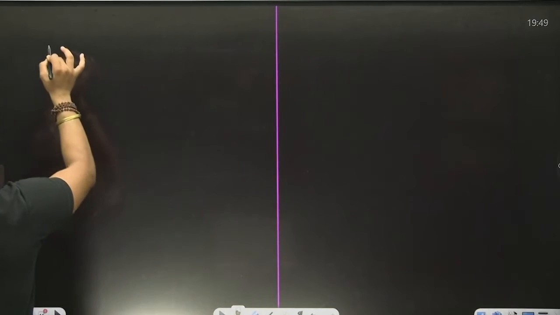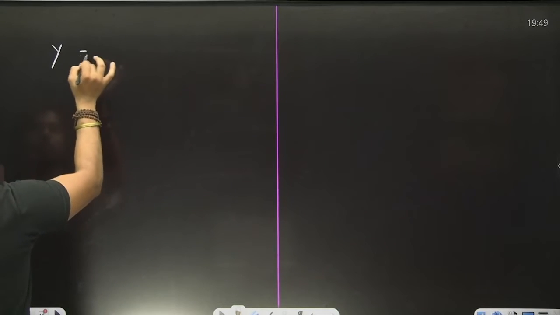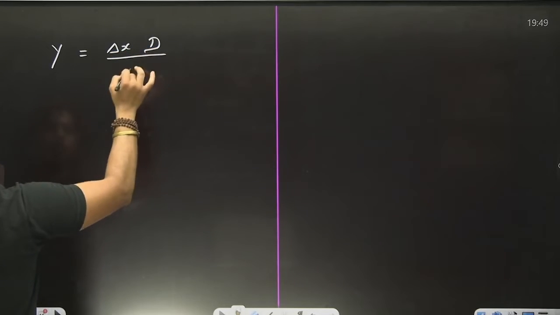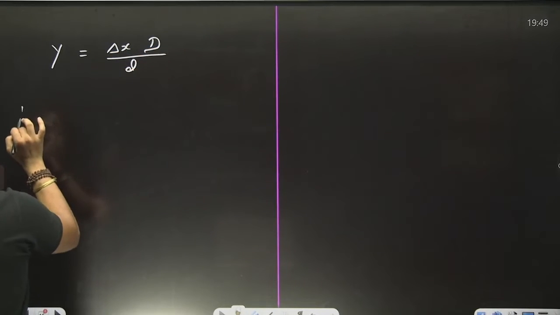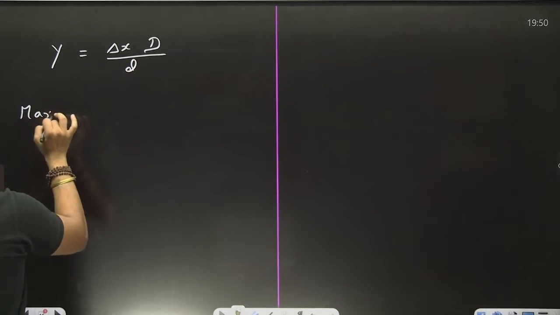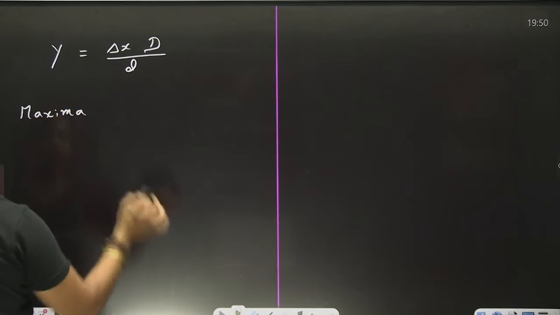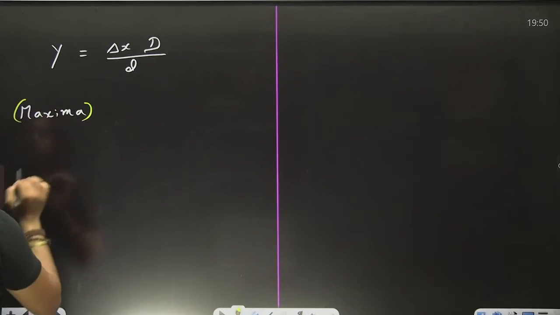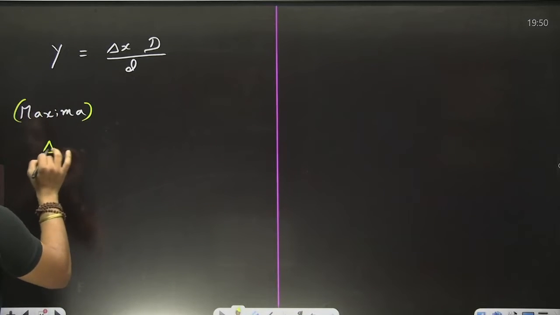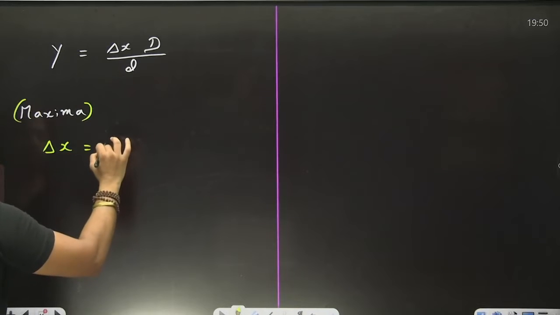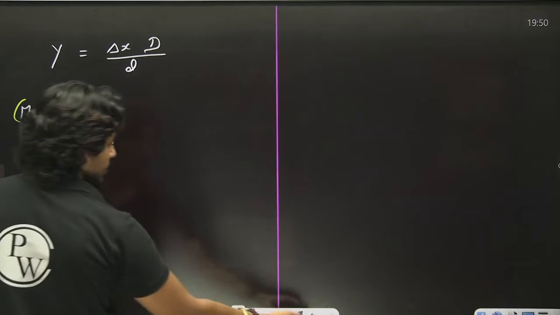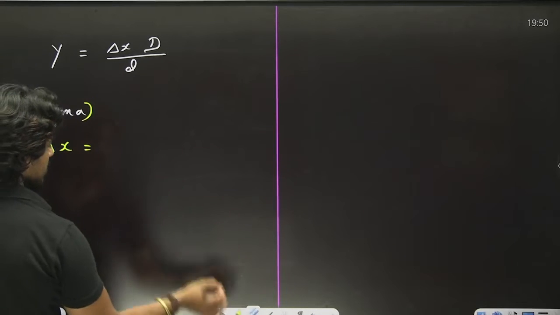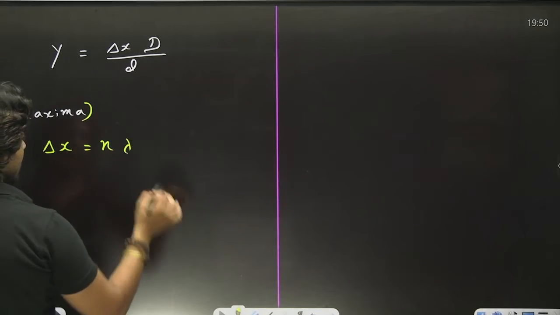So we have written that y equals delta x D by d. Now the condition for maxima, or the condition for bright fringe, is that delta x equals n lambda, not 2n lambda, just simply n lambda.